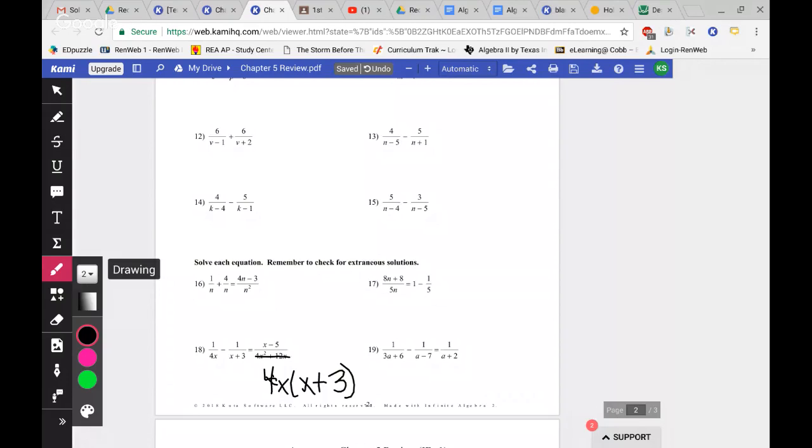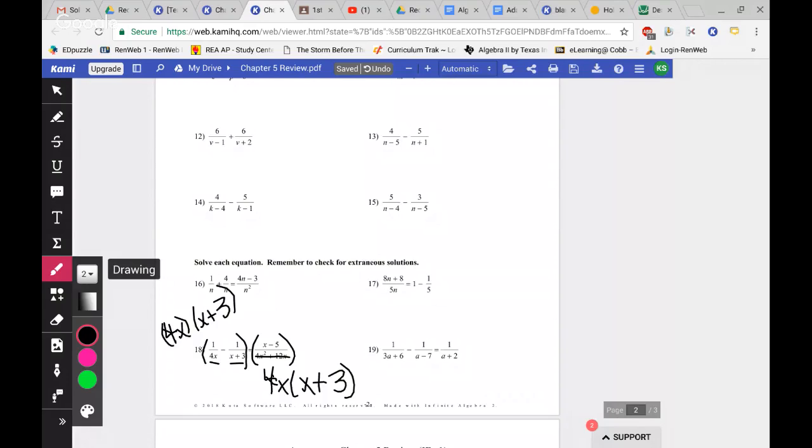The good news is both of these factors appear here and here. So technically, the least common multiple is going to be the 4x and then x plus 3. And you'll multiply both sides of the equation by that.